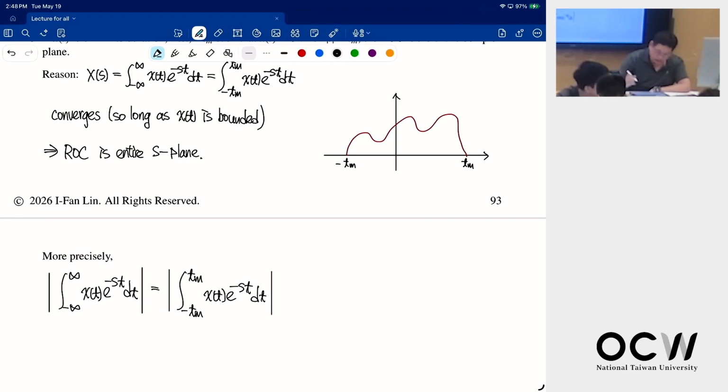Okay, I can put the absolute value inside. So this will be less than what I get by taking the absolute value first and then doing the integration: x times e to the minus st dt.